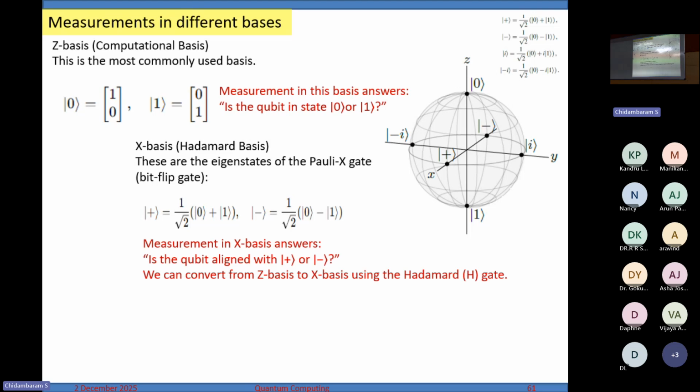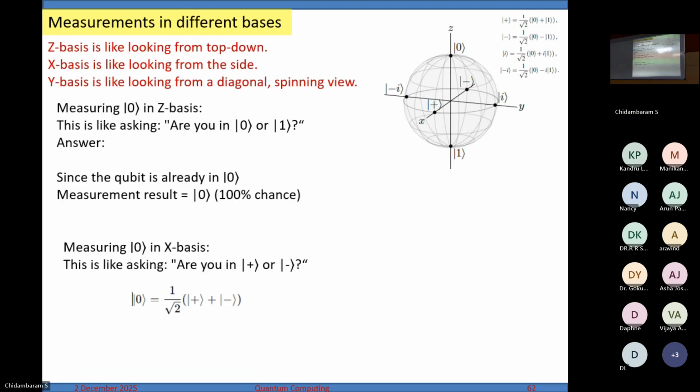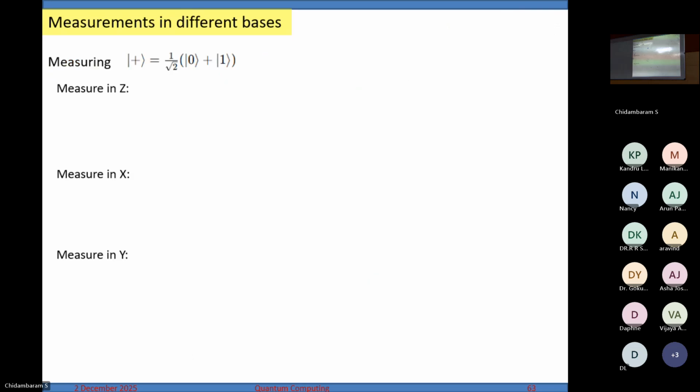I think we are here. Yeah, so now this is where we stopped. We started with 0. Now imagine, why only 0, 1?